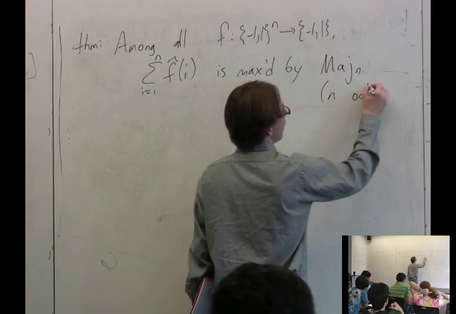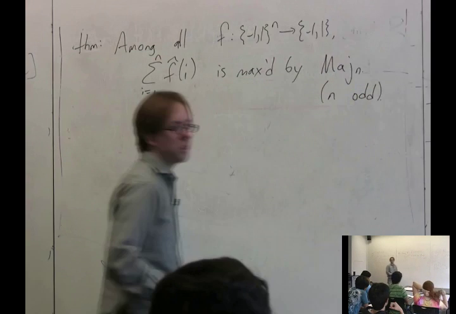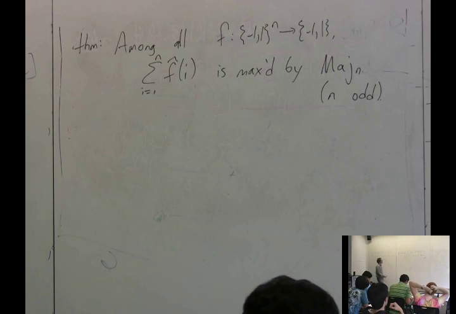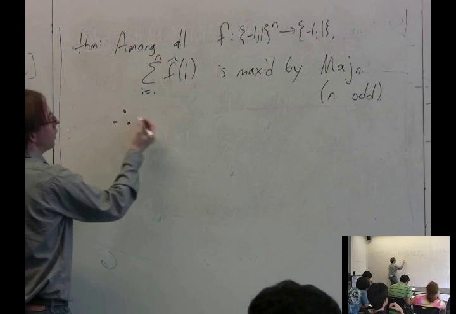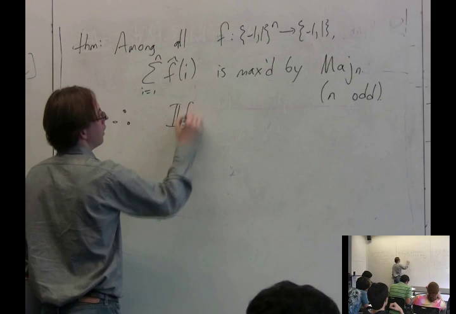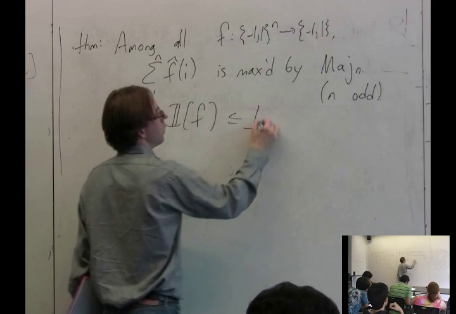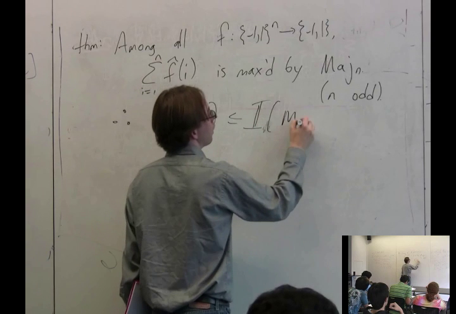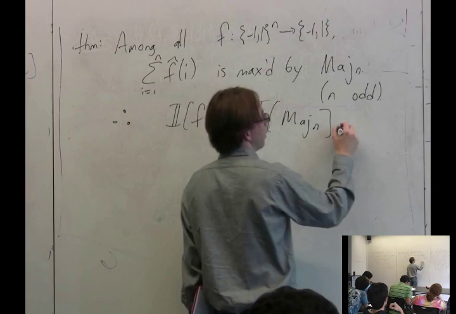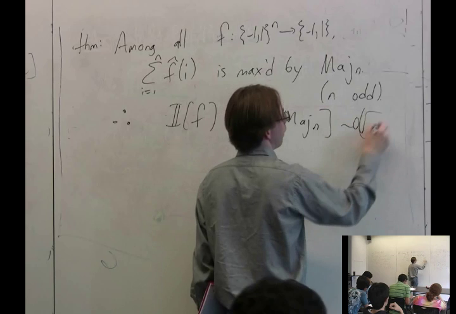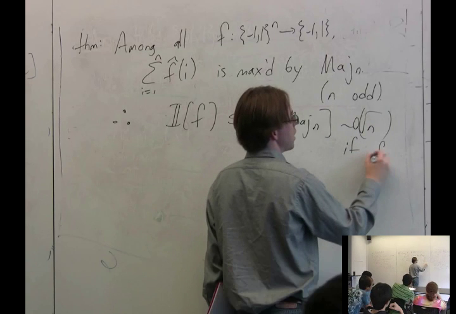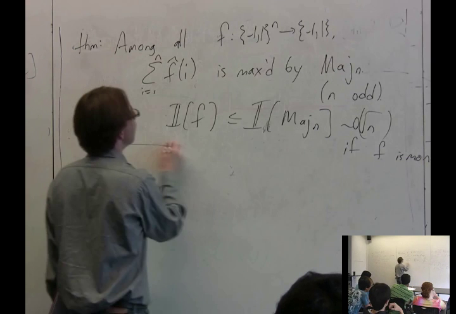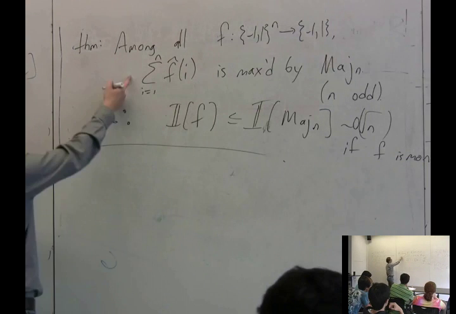If n is even, I leave it to you to look at the proof and find the maximizers. And actually, therefore, you can conclude the total influence of f is at most the influence of majority, which is about root n, if f is monotone. That's just a consequence of this.